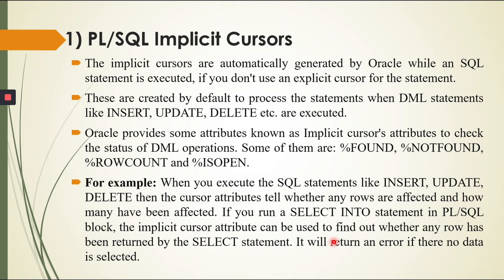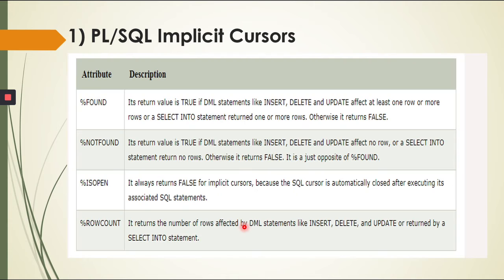So implicit cursor attributes are used to tell whether any rows are affected by our SQL query or how many have been affected. So this is the concept.